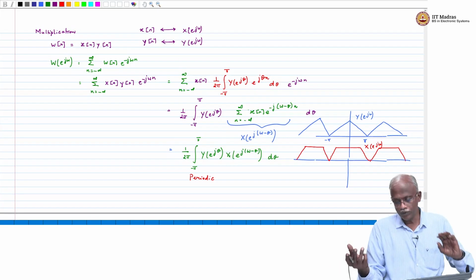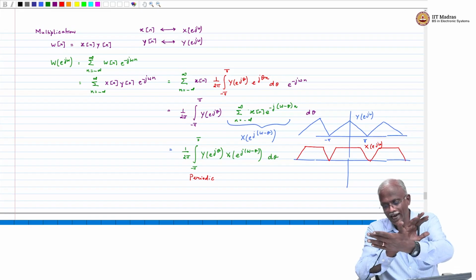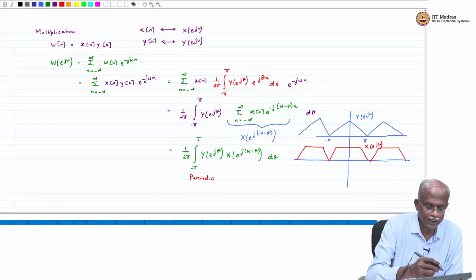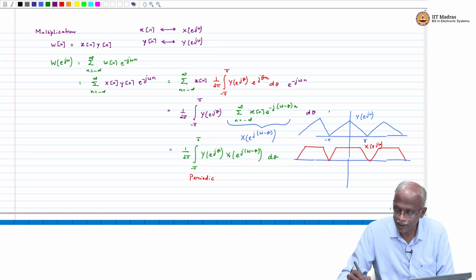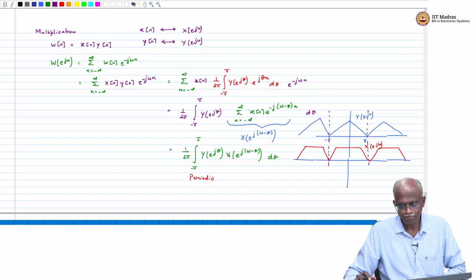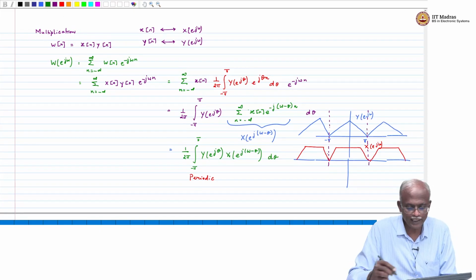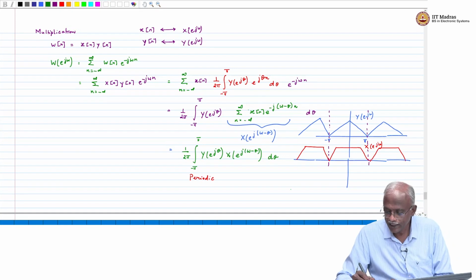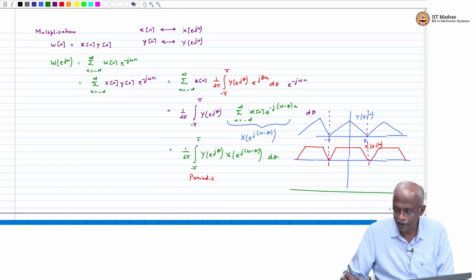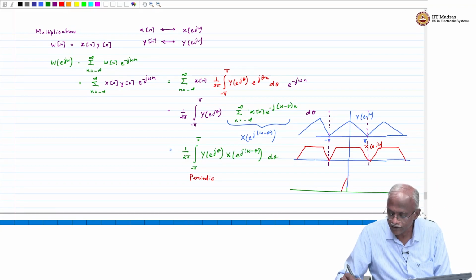Now of course, what you are doing is time reversing, or flipping, and then multiplying, but remember that your integration period is only between minus pi to pi. Whatever falls between minus pi to pi, you will multiply and then integrate. Now, if you look at a shifted version of X(e^{j omega}), you may get a shift which looks like this.